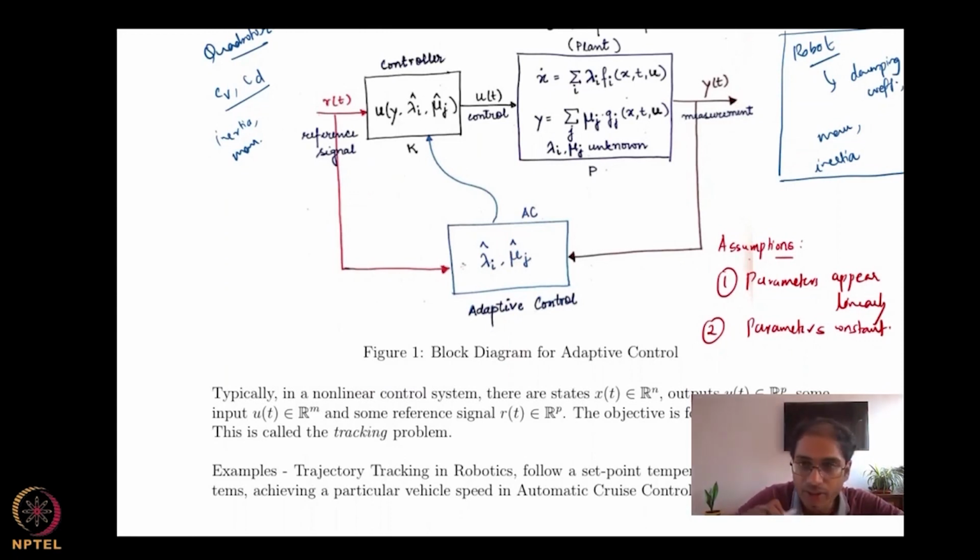It also takes in a reference signal. This is always the case; there always has to be a reference signal, because the outputs of the plant are required to follow some kind of reference. So that reference is also an input. With the reference, the lambda hat, mu j hat, and the measurements, the controller then generates an algorithm which is sent into the plant through an actuator.